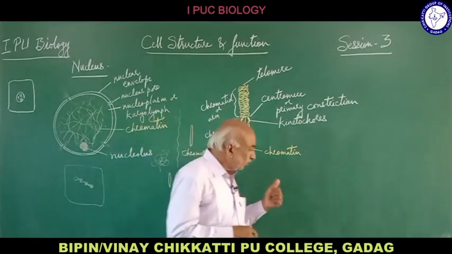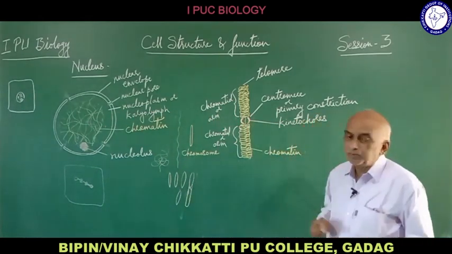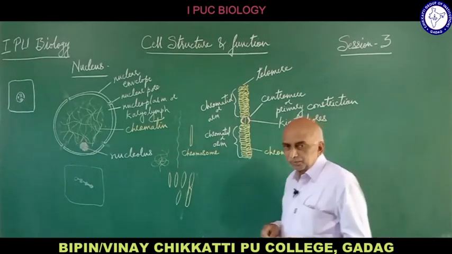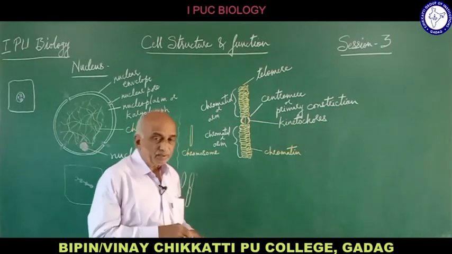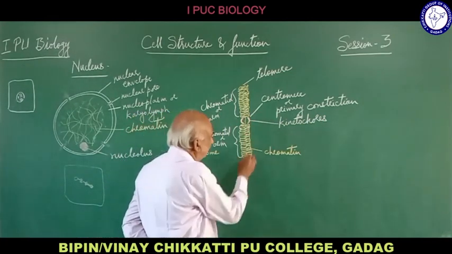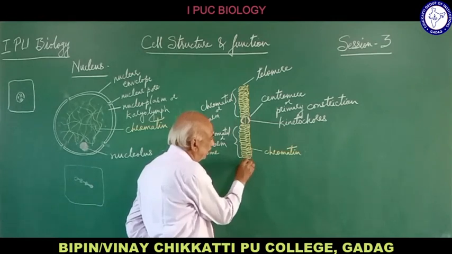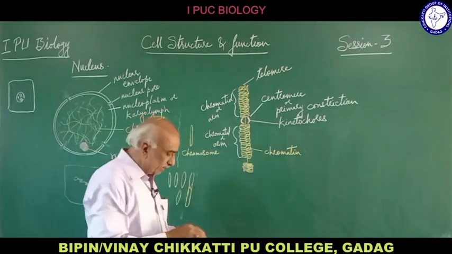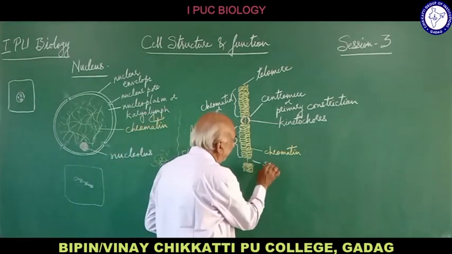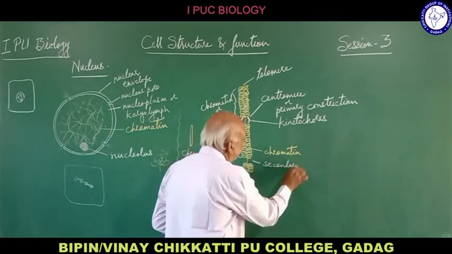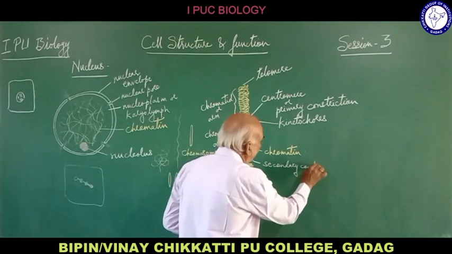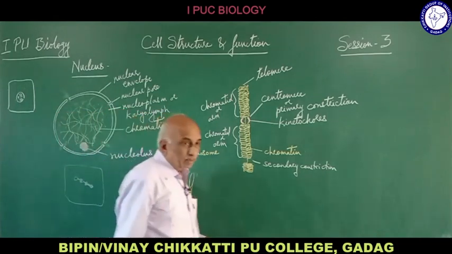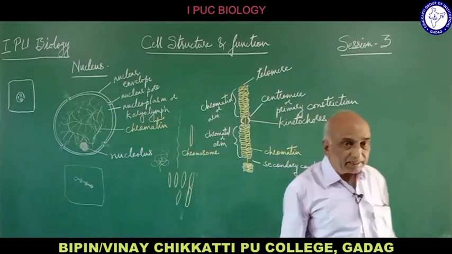Then in some chromosomes, take for example among the 46 chromosomes, one or two chromosomes have an extra structure. Similar to the primary constriction, there is another constriction like this. This structure is called the secondary constriction. The primary constriction is present in almost all chromosomes. The primary constriction is also referred to as the centromere, and the centromere is very important because it has kinetochores.